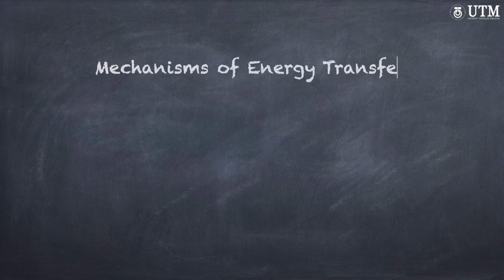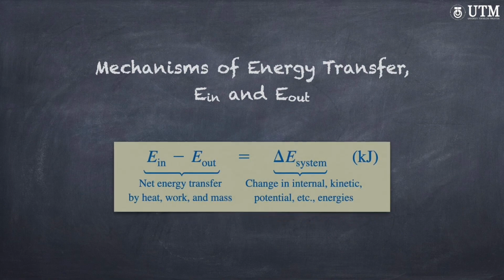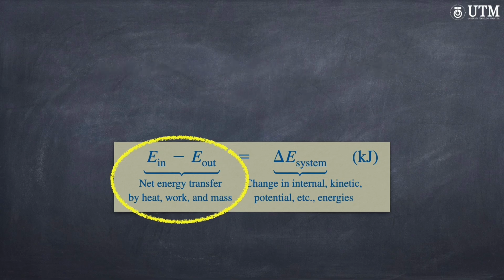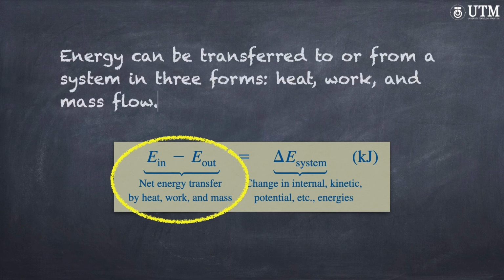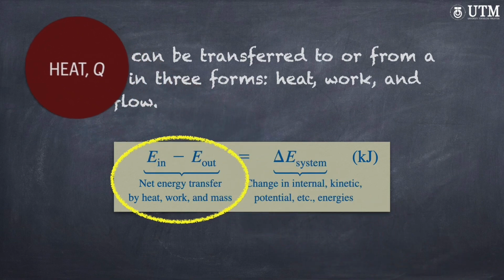Now let us move to the mechanisms of energy transfer in the energy balance equation. Energy can be transferred to or from a system in three forms: heat, work, and mass flow.